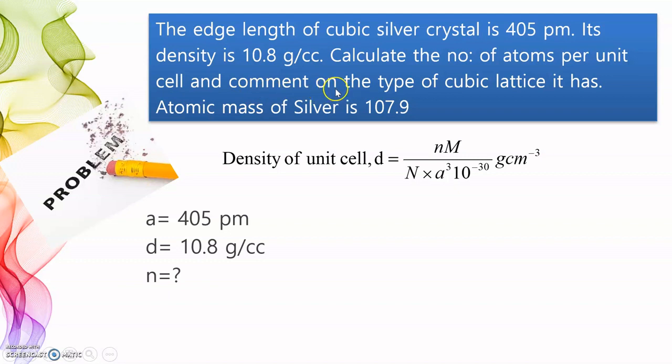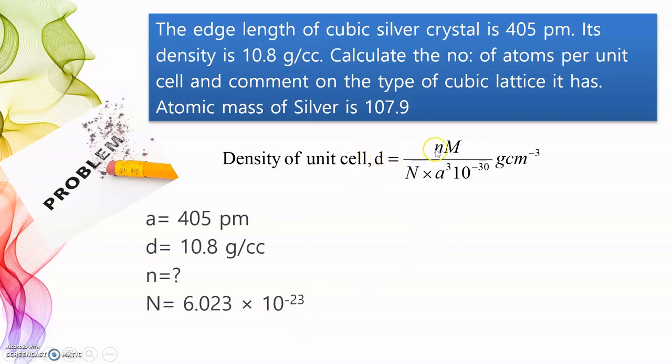And you are also required to comment on the type of the cubic lattice it has, that is, whether it is a simple cubic lattice or an FCC lattice or a BCC lattice and so on. One more thing is given. The atomic mass of silver is 107.9. And you already know the value of Avogadro number, 6.023 into 10 raised to minus 23.